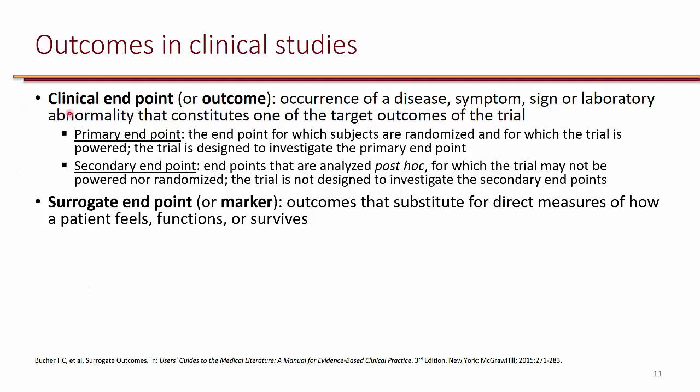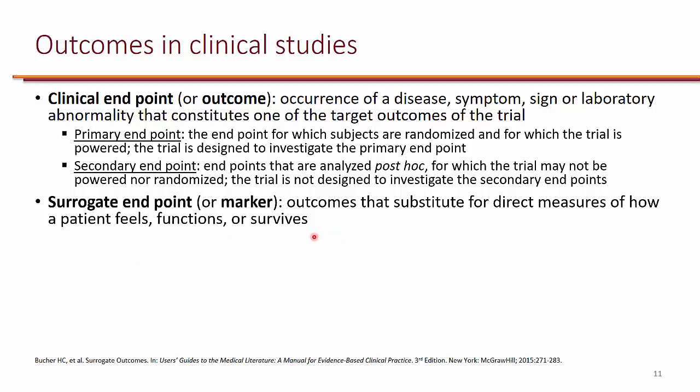For example, stroke is a clinical endpoint, because if I tell a patient that a specific drug can reduce the chances of having a stroke, that's important to a patient. Whereas blood pressure is just a number. It may not be as important to the patient.